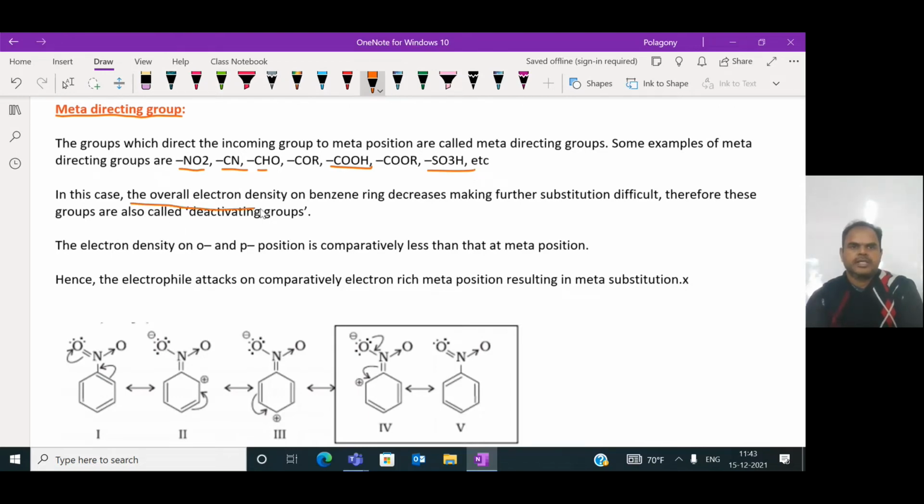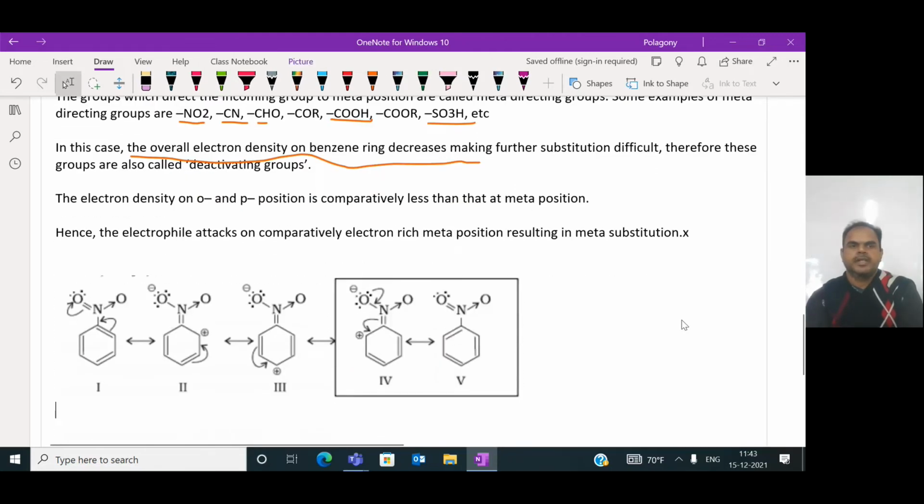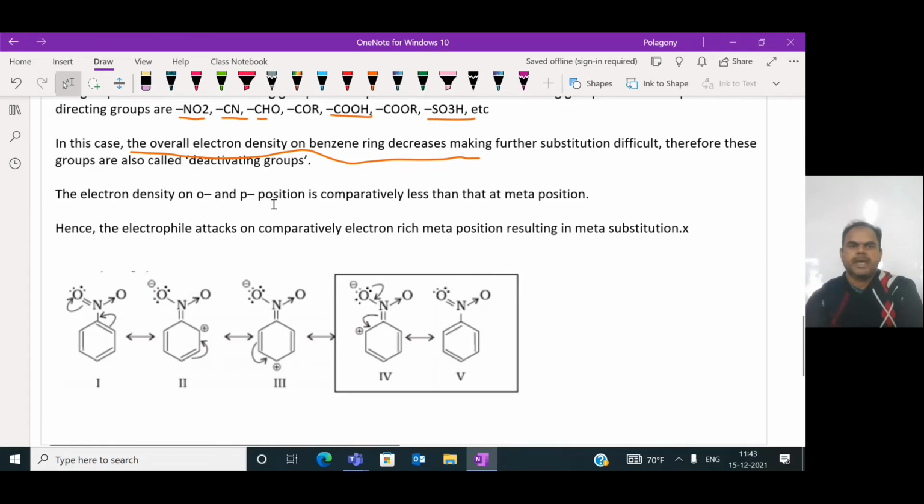The overall electron density of the benzene ring decreases because of this, hindering further substitution. That means if the benzene has NO2 group, carboxylic group or SO3H group, definitely the electron density in the benzene ring decreases. Hence these are said to be electron withdrawing groups also. That means the electron density at the para and ortho positions is comparatively less than at the meta position.